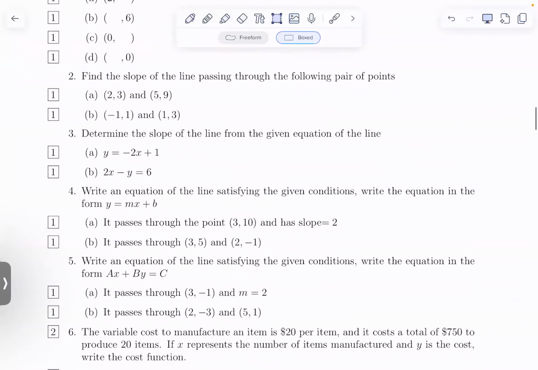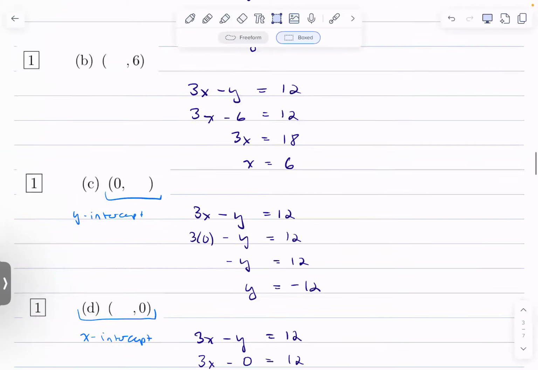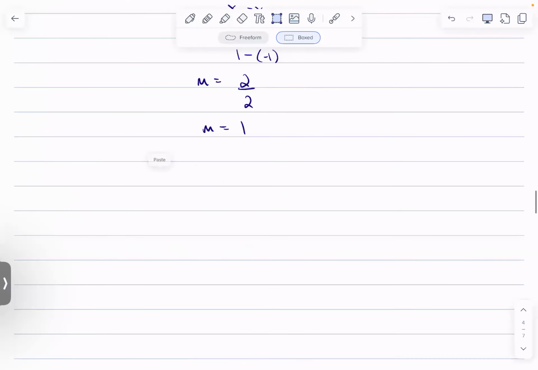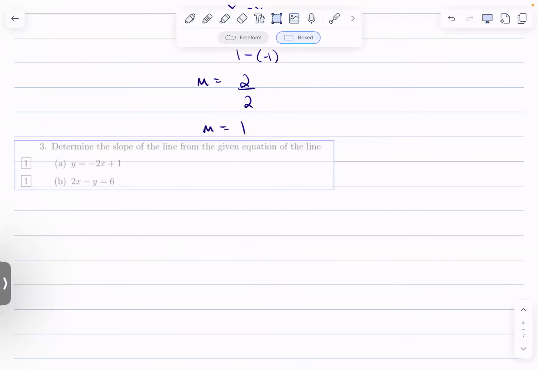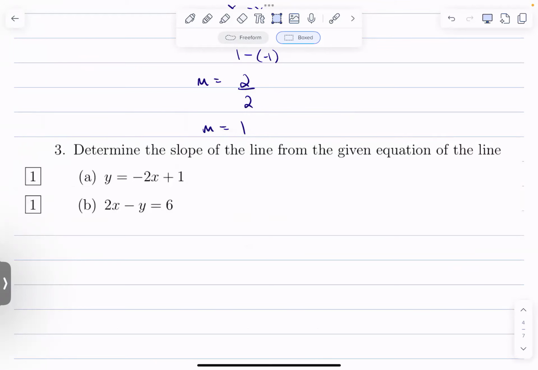Question 3. Determine the slope of the line from the given equation of the line.